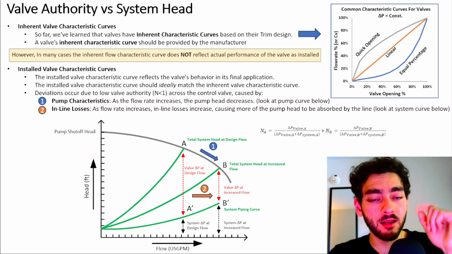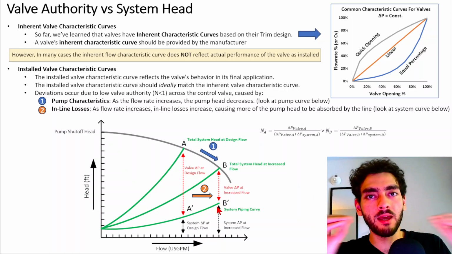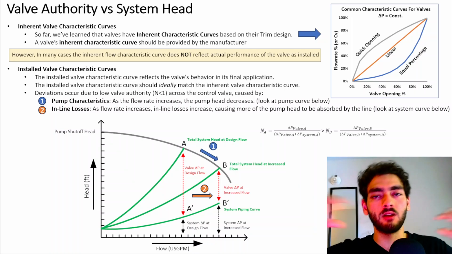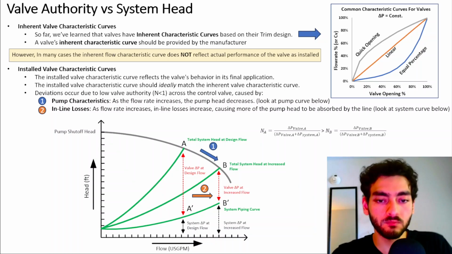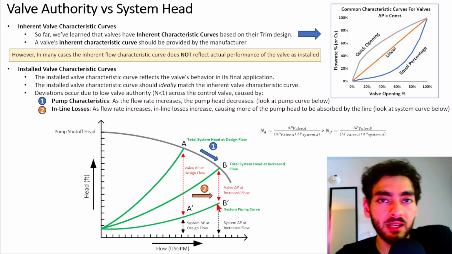At the same time, as I've just mentioned, the pressure drop just for the piping system, which means all the pipes, all the elbows, the T's, would have a higher pressure drop, because the velocity in them is higher.